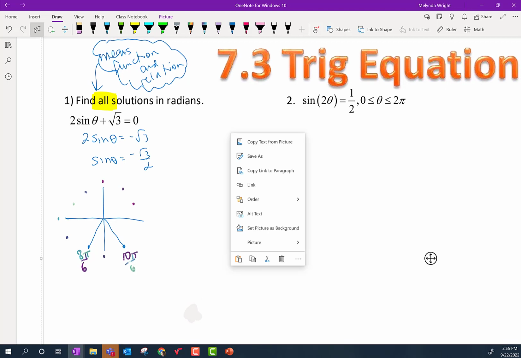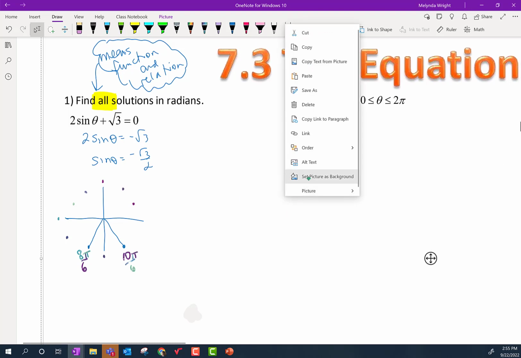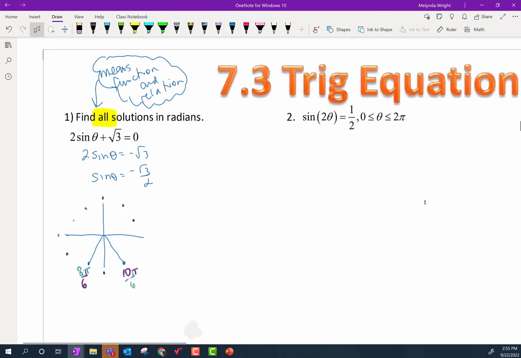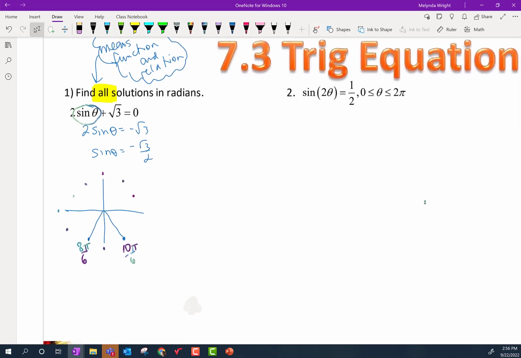We really need to pay attention to the period, and we've had quite a bit of experience finding the period. For this particular function, just sine of theta, the period is 2 pi, because b is 1. Let's keep that in mind. So we're going to write our answer.